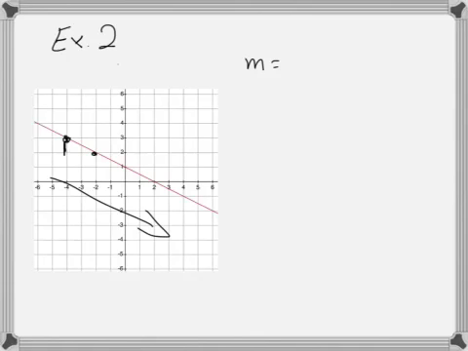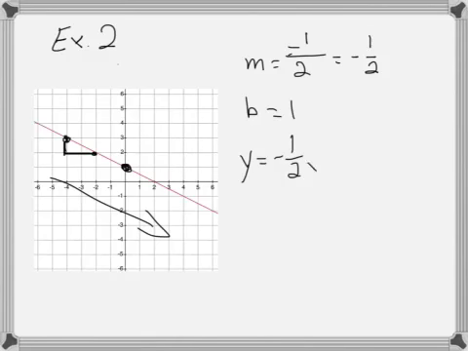Note, I'm going down 1. And then I want to divide it by my run, which in this case is over 2. So the slope here is negative 1/2, and my y-intercept is that point right there at 1. So that means my equation is going to be y equals negative 1/2 x plus 1.